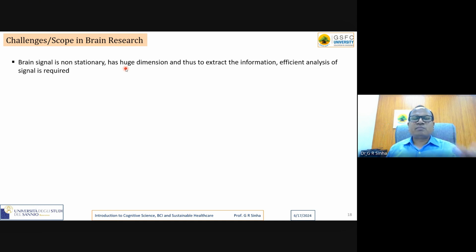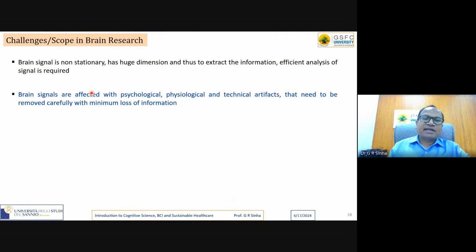There are solutions to some of the challenges, but the bigger challenge is the nature of the brain signal being non-stationary. Therefore, to extract the information, efficient and appropriate analysis is needed when you want to carry out research in the field of brain signals.